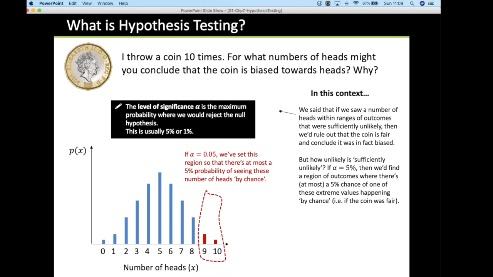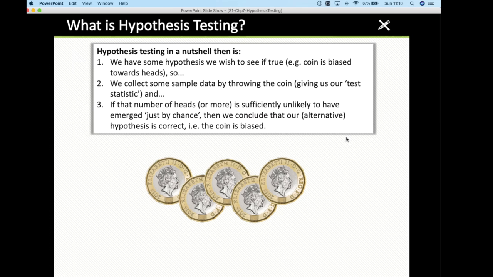So I'm going to say that 1 in 20 is too low for this to just be a fluke. If it was 1%, then its chance is 1 in 100. So if I set my significance level at 1%, and I do this experiment and get an outcome which has only a 1% chance, then actually, it must be biased or it can't be true. That's what a significance level is.